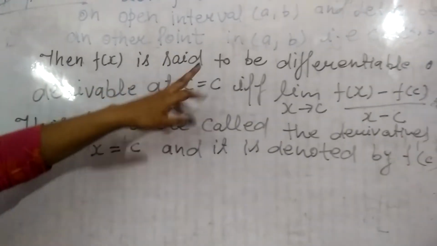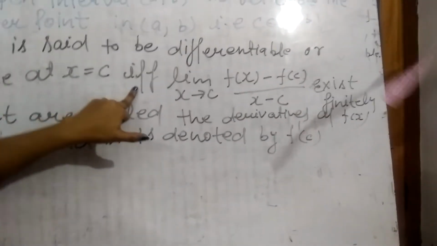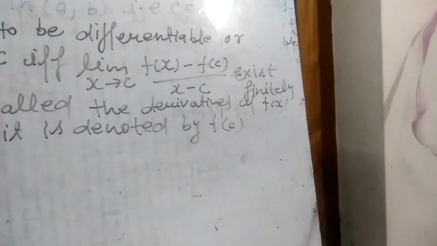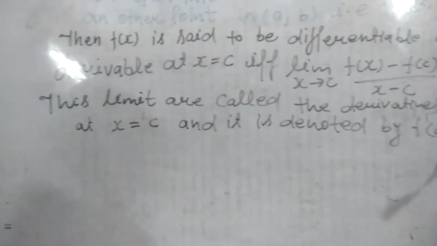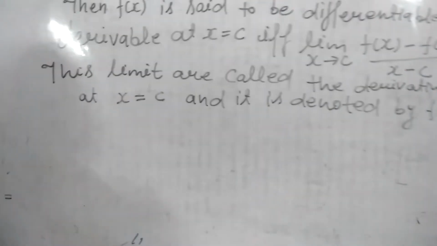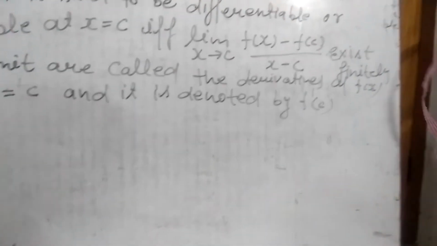Then f(x) is said to be differentiable or derivable at x equal to c if and only if the limit as x tends to c of (f(x) minus f(c)) upon (x minus c) exists finitely. This limit is called the derivative of f(x) at x equal to c and it is denoted by f dash c.